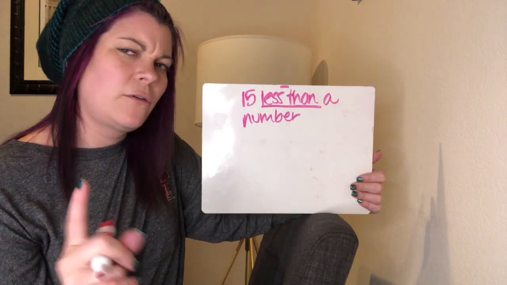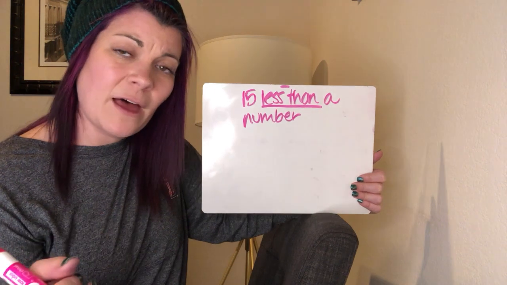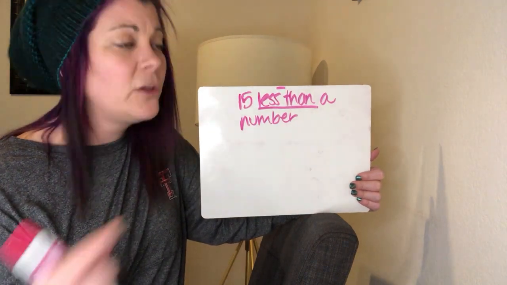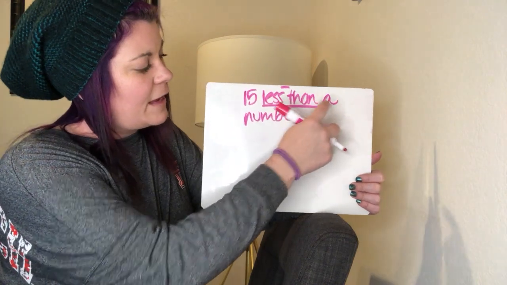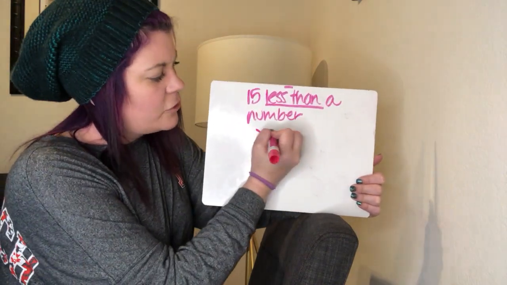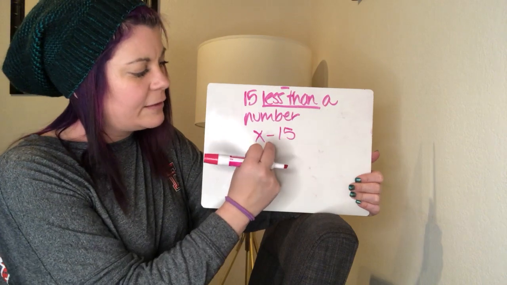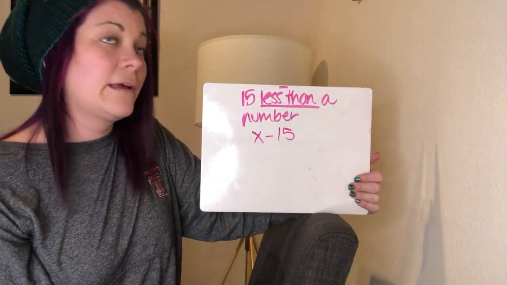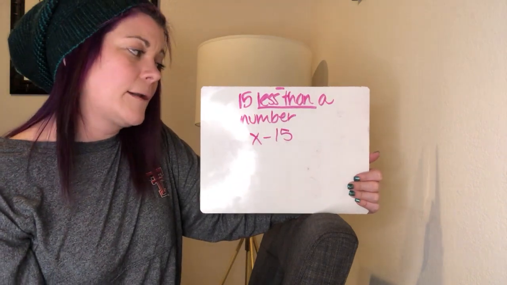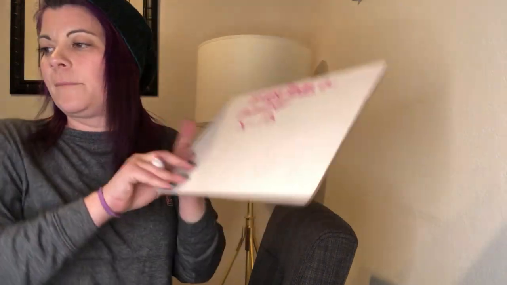What did you do in your head? Did you do 15 minus 20, or 20 minus 15? You did 20 minus 15. So 15 less than a number would be that number subtract 15, because in subtraction, order does matter. So it would be x minus 15.